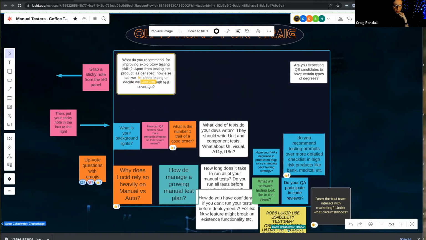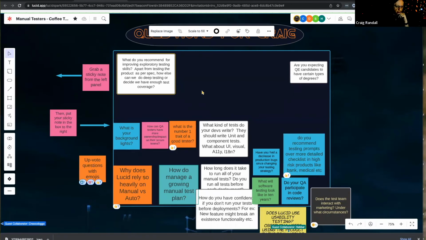Let's see. What do you recommend for improving exploratory testing skills apart from testing the product as per spec? How else can you do deep testing or decide we have enough test coverage? Pretty much any creative endeavor helps you practice the skills of thinking outside the box, helps you practice the curiosity.